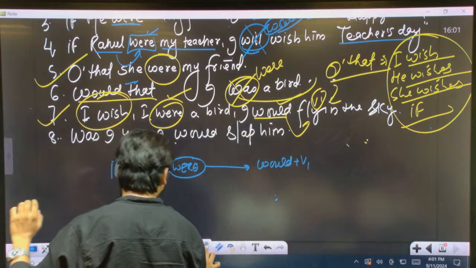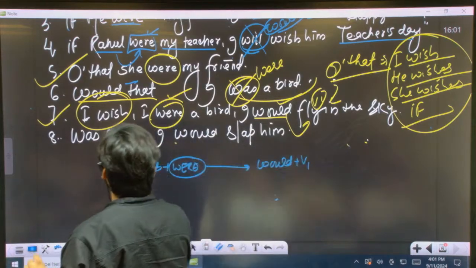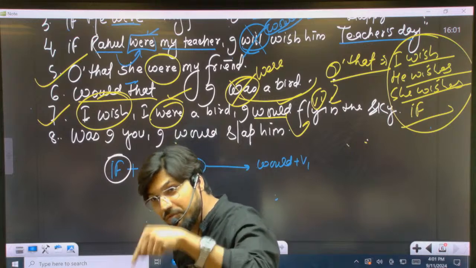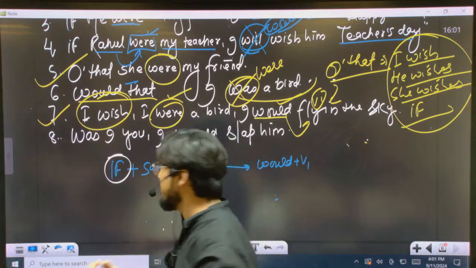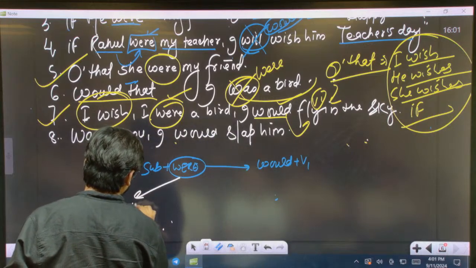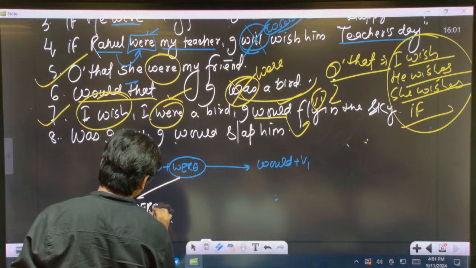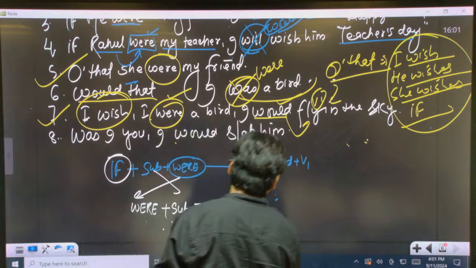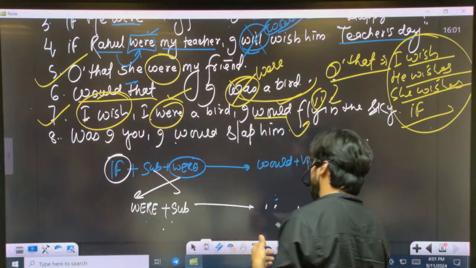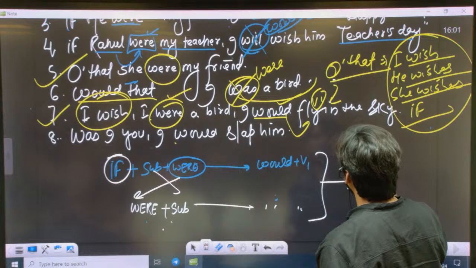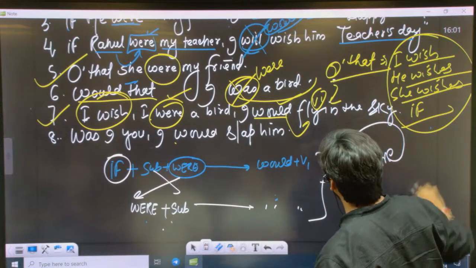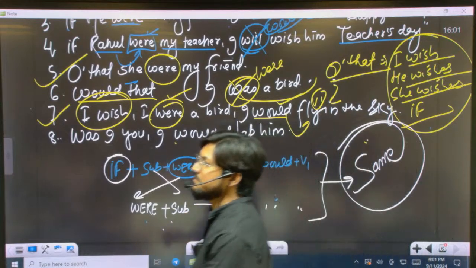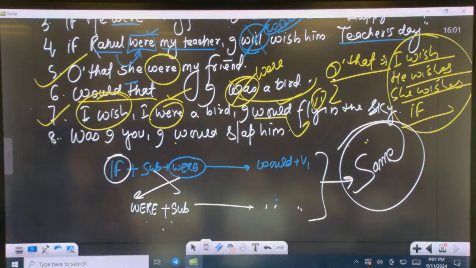Now, if you don't want to use if, or if you want to remove if, what can you do? You need to use were at the starting. Then it will be connected with the subject, and this main clause will be the same, and the meaning of both the sentences is the same. Note down this point of view.